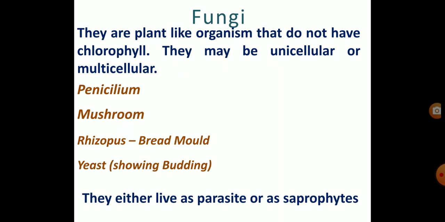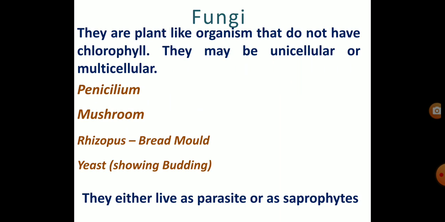There are 2 types of fungi. One is yeast, one is mold. Mushrooms are large multicellular fungi. Fungi cannot prepare their own food. They depend upon others, getting their food from dead decaying organic matter. They are called saprophytes. When they are living in the body of other organisms, they are called parasites.